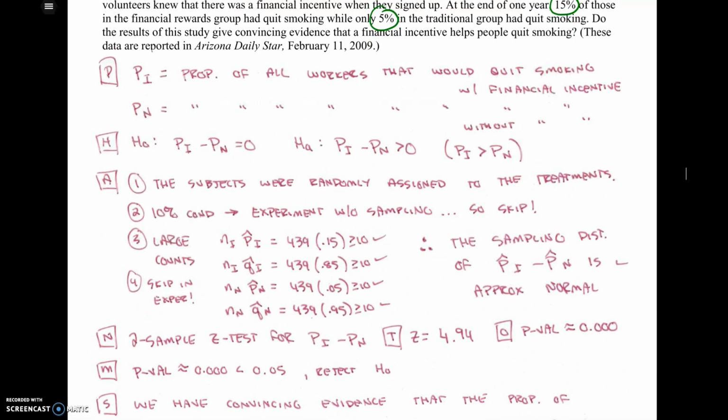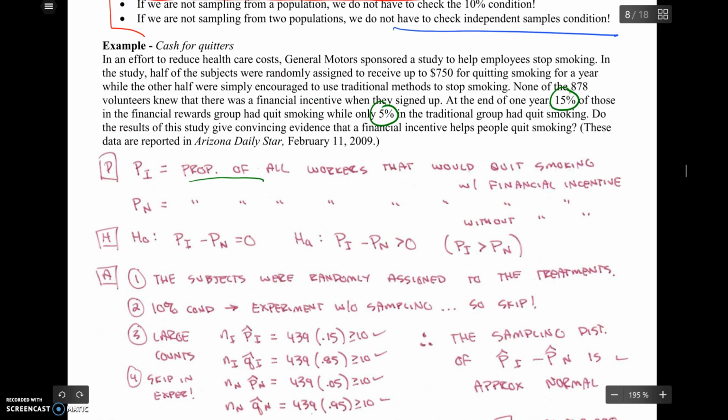So p1 is the proportion of all workers that would quit smoking with financial incentives. Notice I'm not talking about a population here. We did not sample anybody from this company. We took volunteers and then we randomly assigned them to the two treatment groups. So don't say the true population proportion. You can say true proportion, but don't say population.